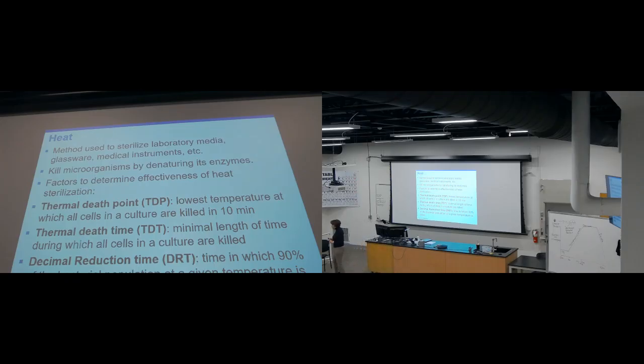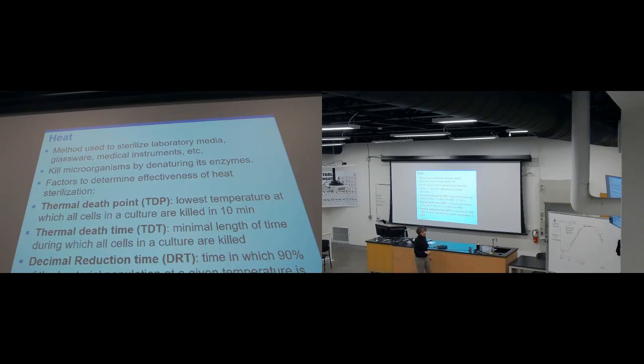If you have measured the number of microbes per minute as you are putting these microbes through this process of sterilization, and you calculate the particular time at which you kill 90% of the microbes at a given temperature, that will be your decimal reduction time, or DRT.